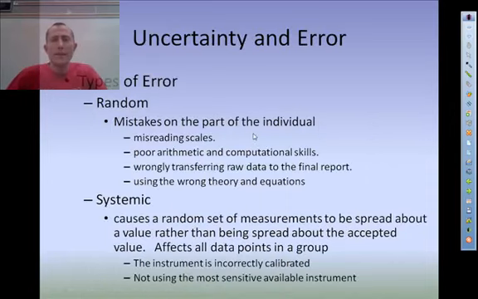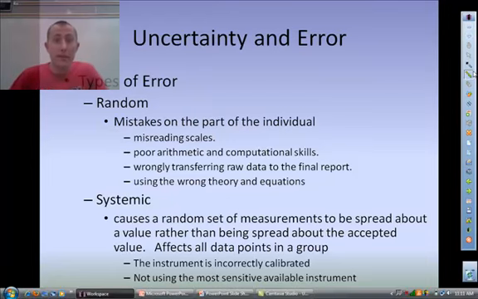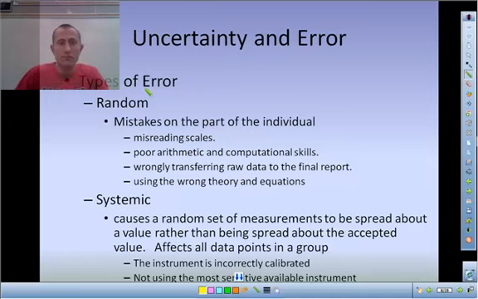Okay, now that that's out of the way, we can talk about uncertainty and error. This is where things get exciting. There are two types of error. Random error, which is the typical error that we're going to experience. We're not measuring accurately. We don't calculate correctly.